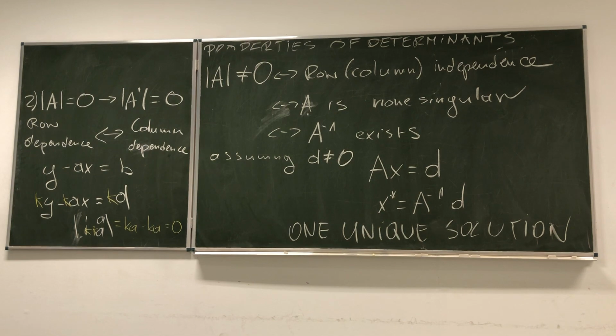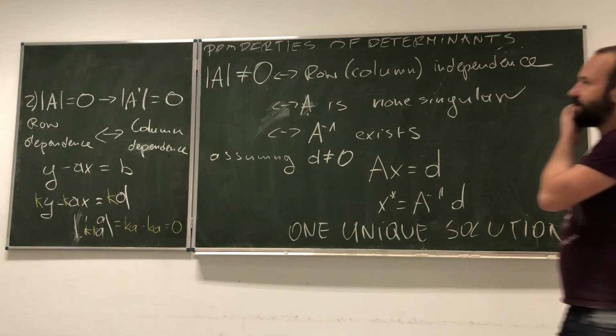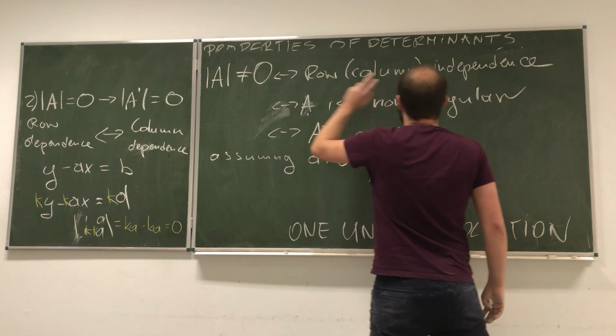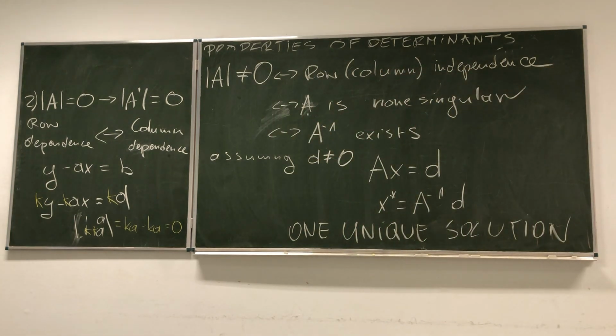Okay, so look, we've learned how to deal with the determinants. We've learned about their properties. We've learned how those properties connect to systems of simultaneous equations. And finally, we were able to see that if the determinant is different than 0, we have row and column independence.